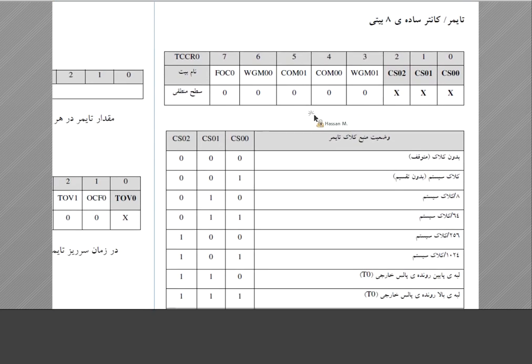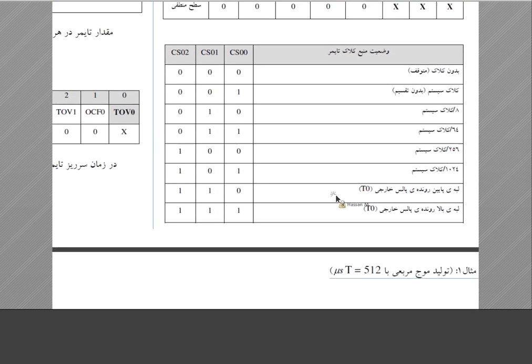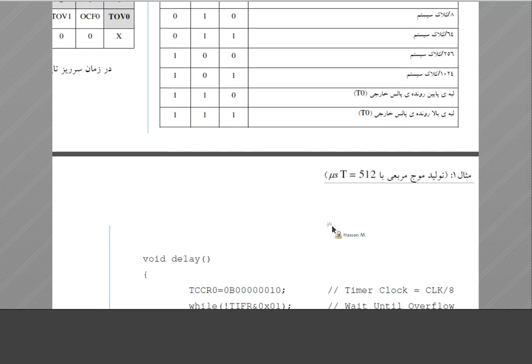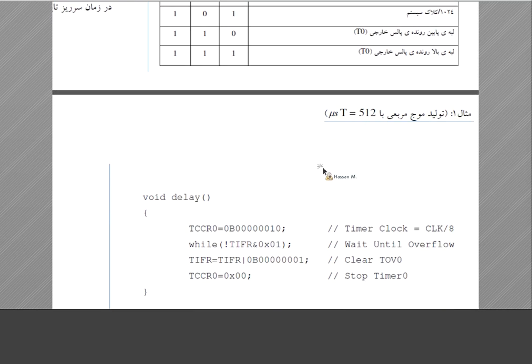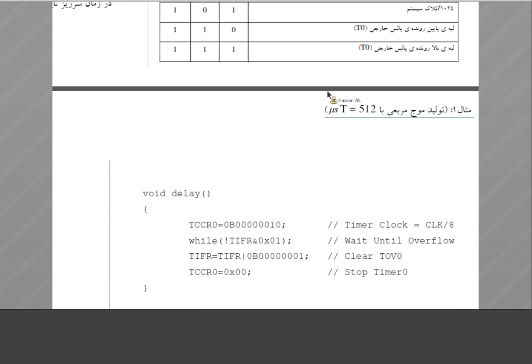See the example: generating a clock pulse, where the duration of each pulse is 512 microseconds.